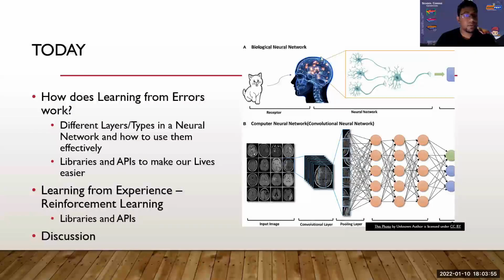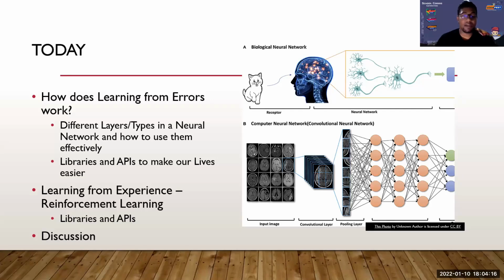So now today we are going to look at how machines learn using neural networks, and we are also looking at these different types of neural network layers, and how we can use them in specific applications.